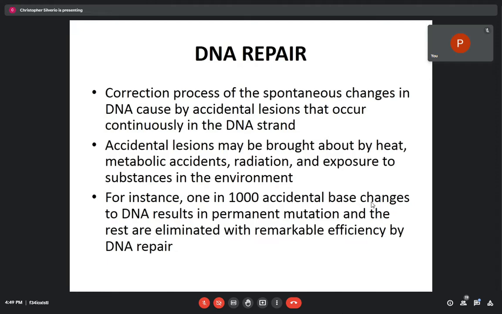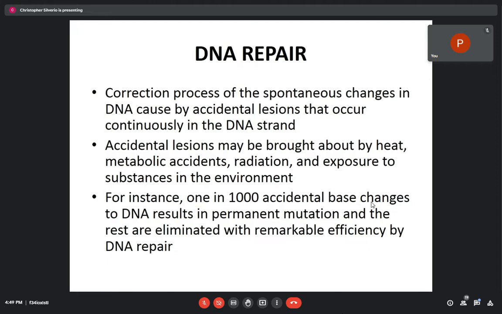Gem did not develop cancer, skin cancer, skin diseases, abnormalities, and the primary reason is this DNA repair mechanism. Any abnormalities that occur in the DNA will be repaired naturally by our built-in repair mechanism.